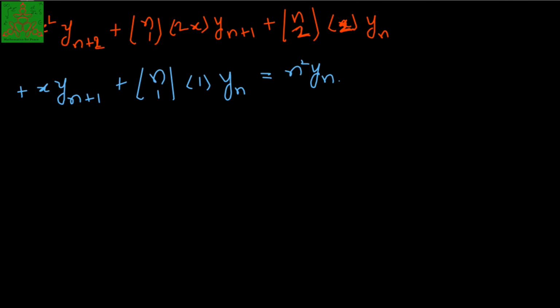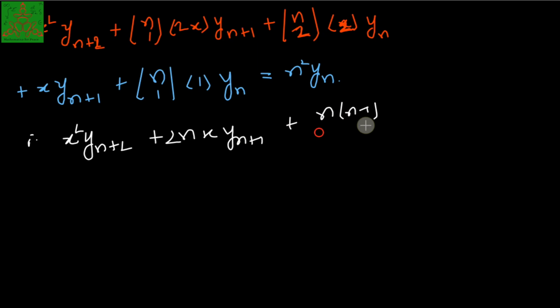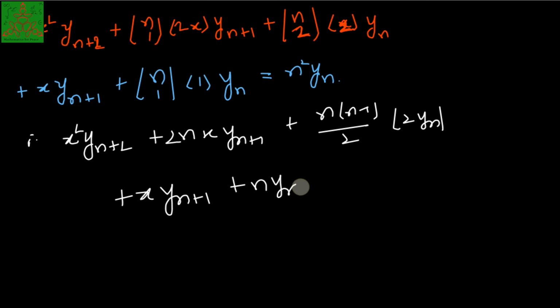So we will have this, and if you simplify this quantity, that will lead to x square yn plus 2 plus n 2x yn plus 1, because nC1 is n, plus n into n minus 1 by 2 into 2yn plus xyn plus 1 plus nyn equal to n square y.